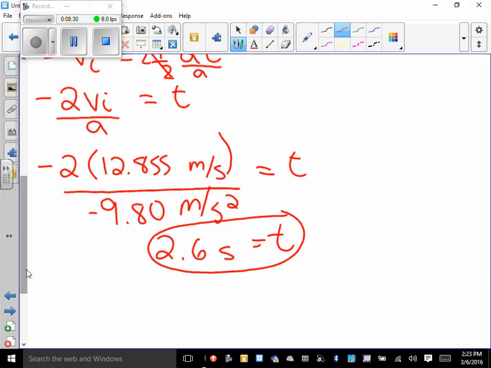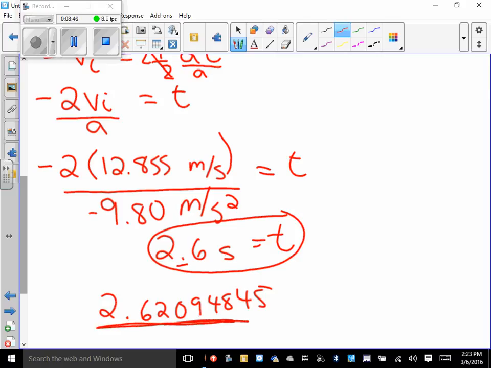Unrounded, for each of these methods, I got 2.62094845, I believe. So unrounded you're going to get more digits, but rounded 2.6. A couple of ways to solve how long it was in the air.